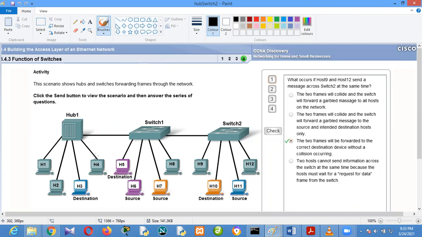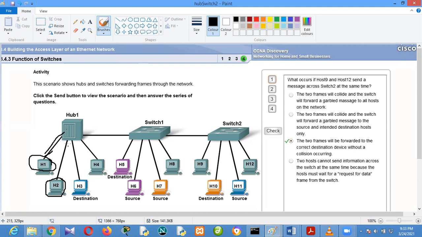Okay, now I want to make this thing more complex. If, for instance, H1 wants to communicate to H2, you know that this is a hub. The message will move from here and get to the hub.